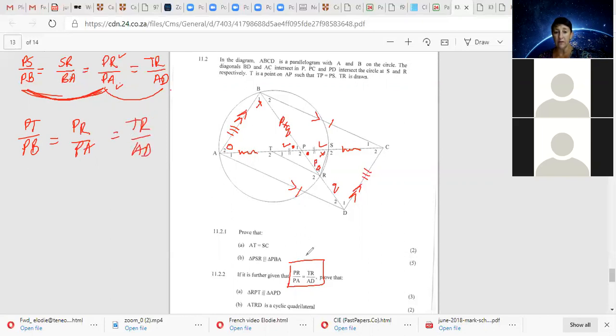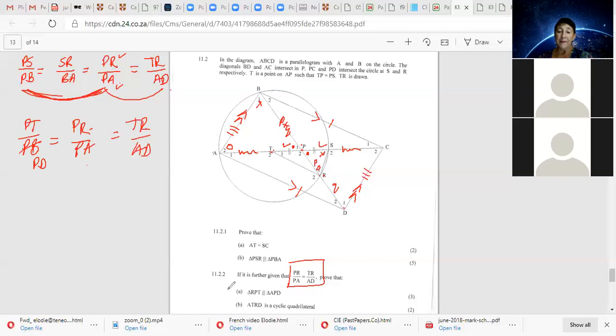They gave you that, but now you also know that. And isn't PB the same as PD? See how it unfolds. So there's your APD then: PT over PD, PR over PA, and TR over AD. There we go. So the two triangles are similar.